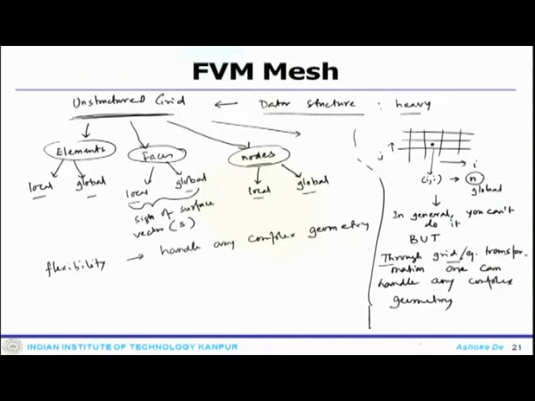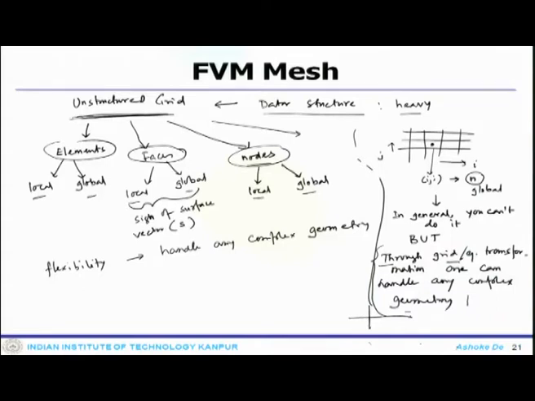So, when you do the transformation, that also involves a lot of challenges. Why? Because you need to calculate your Jacobian, your transformed derivatives, and your cross derivatives, and that comes with all other associated terms. So, that makes it again a bit challenging.